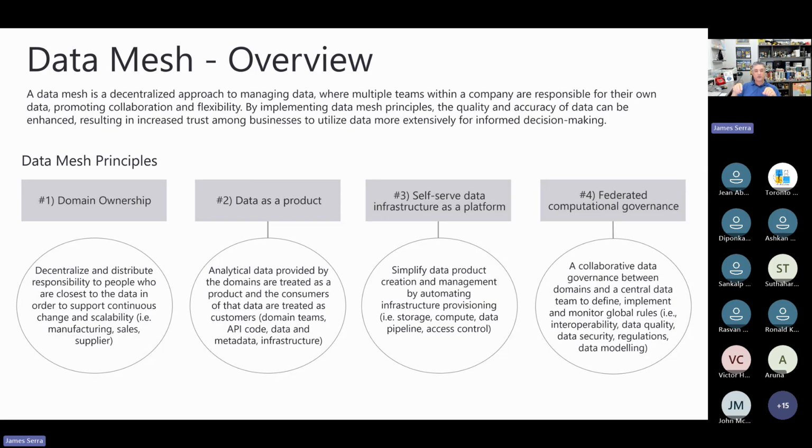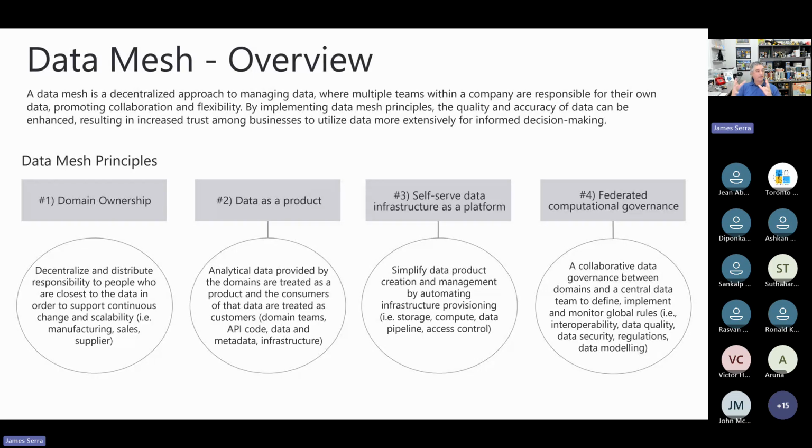And then each domain treats data as a product, meaning they are going to have the infrastructure and maybe write some APIs that are going to create the analytical data from the operational data and then make it easily available for others, hence that term data as a product. They have to do some work, so it's very easy for others outside of their domain to use the metadata and their data.